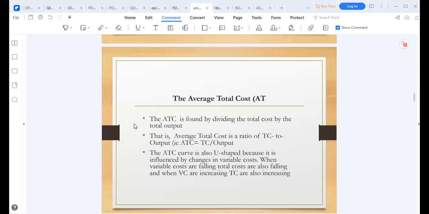And when dealing with the average total cost, it's simply found by dividing the total cost over quantity. Now, these formulas make sense when you're writing them. So I said total cost, who remembers, is total variable cost plus total fixed cost. Right?